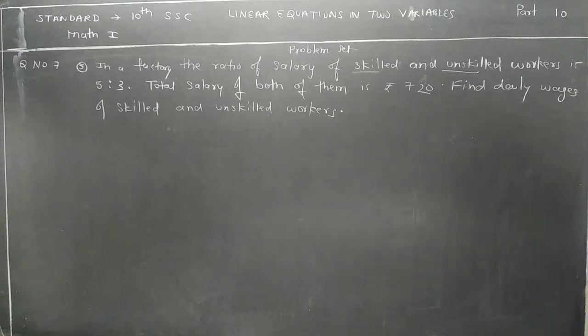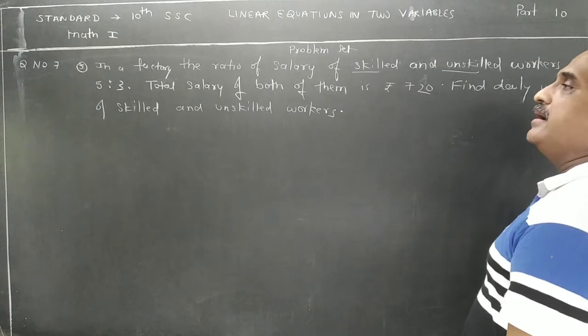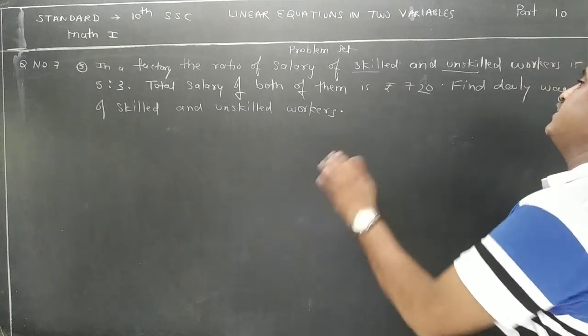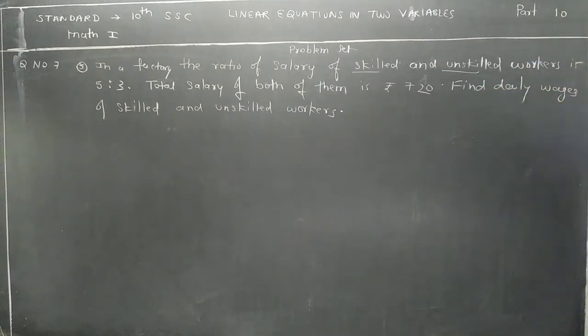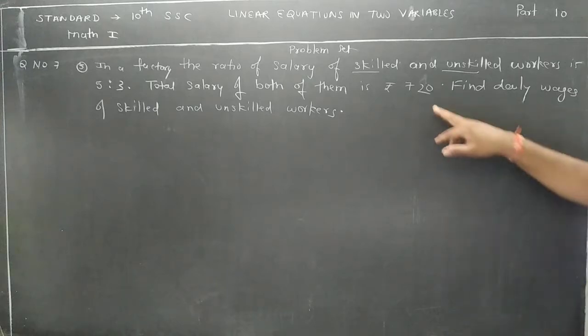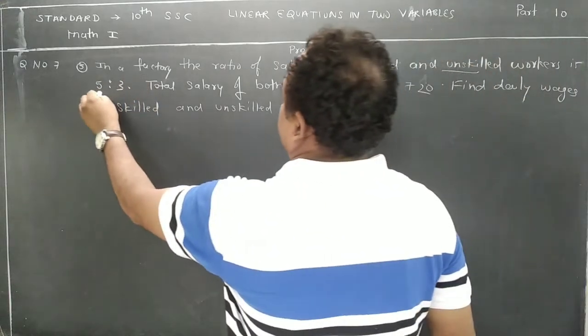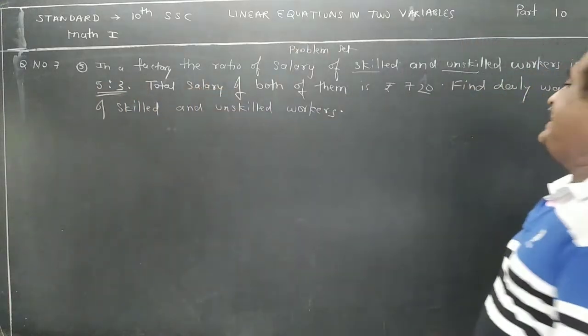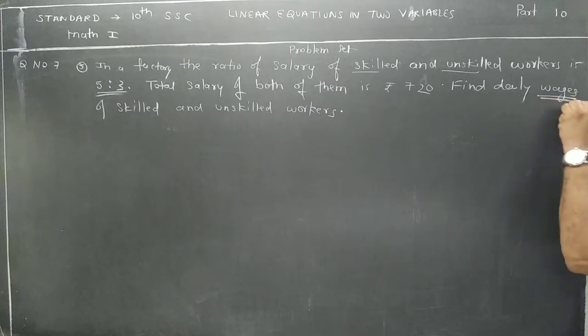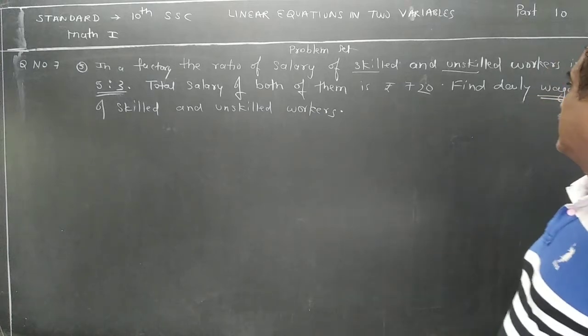We know that a person who is skilled will take more salary as compared to who is learning or who is unskilled. So total salary of both of them is 720, but they have given 5:3 ratio in the form. Find the daily wages. Daily wages means salary per day. Okay, skilled and unskilled worker.